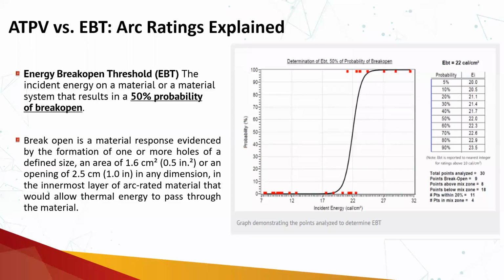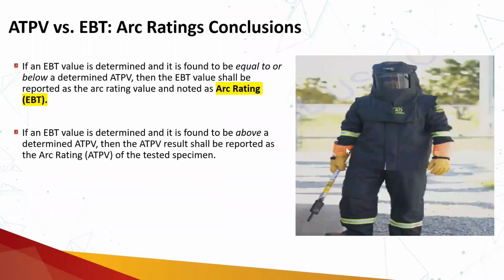So for this particular specimen, let's suppose we found that ATPV is 9.9 and EBT is 22 point something cals per centimeter square. Why are we purchasing this R-rated clothing? We are purchasing it in order to protect our employees or the workers who will be wearing it.